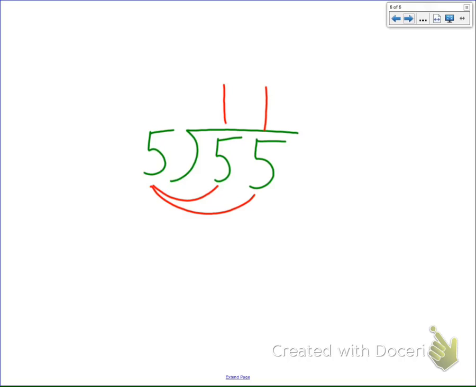We'll do a little bit more of a complicated one now. How would you say this equation?